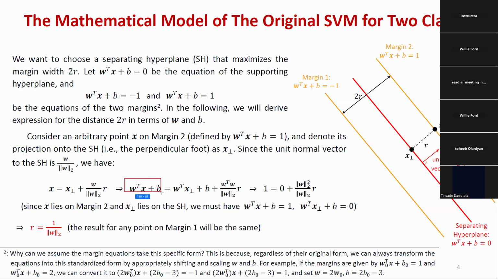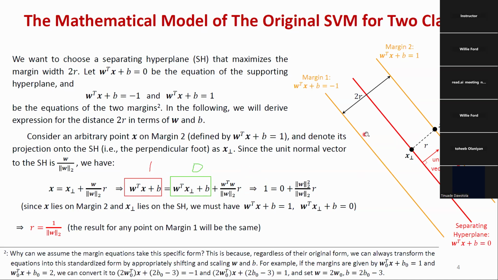So first of all, this one must be 1. And then let me use another color, and this one must be 0. Why?